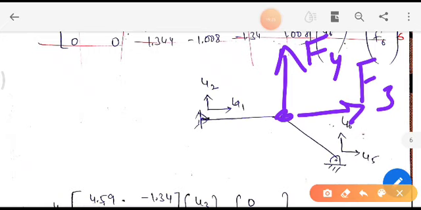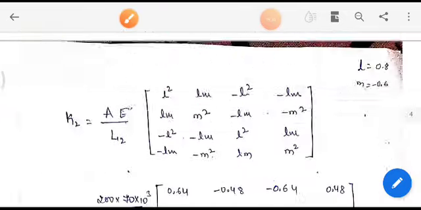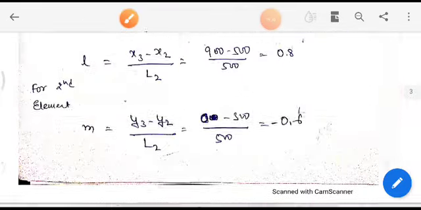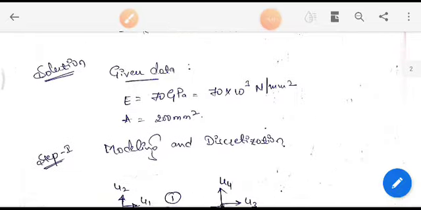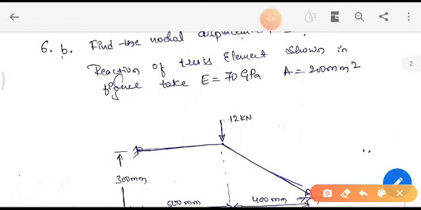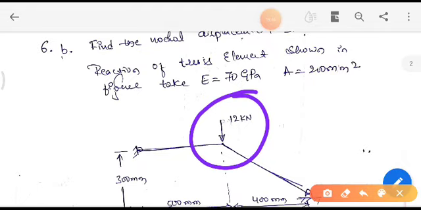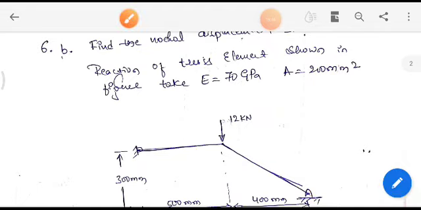In the x direction we don't have any force, so F3 is 0, and F4 is the force acting in the downward direction, so minus 12 into 10 raised to 3, which you can see here. As the problem has given, it is acting in the negative y direction, which is 12 into 10 raised to 3 Newton.